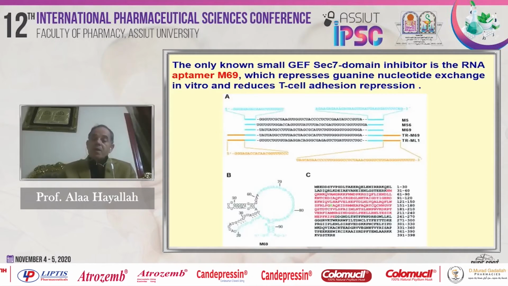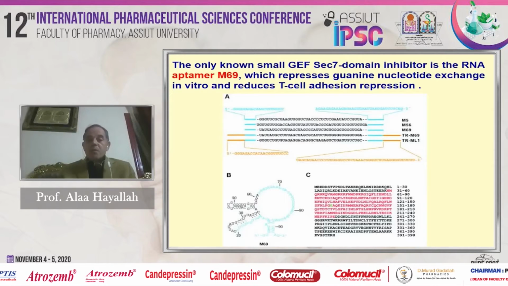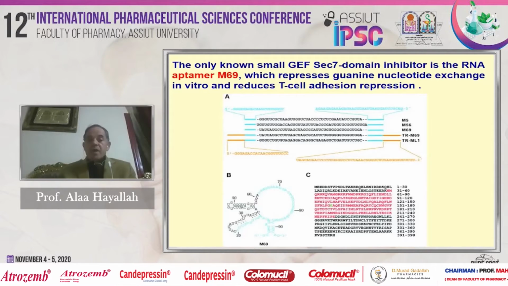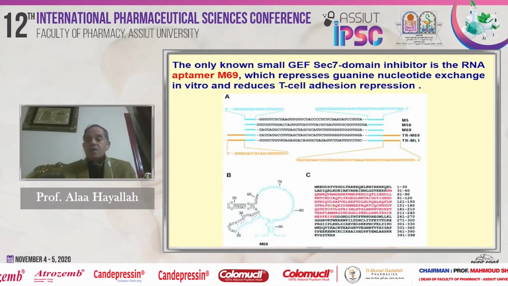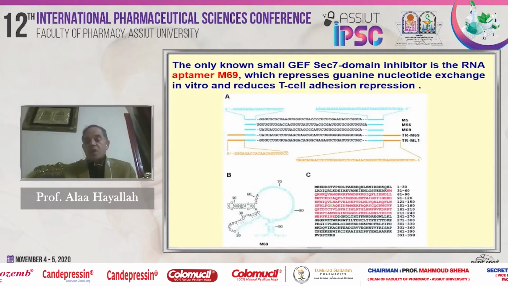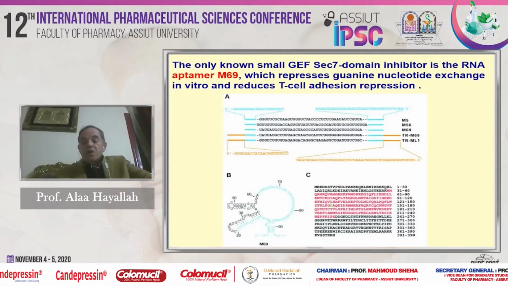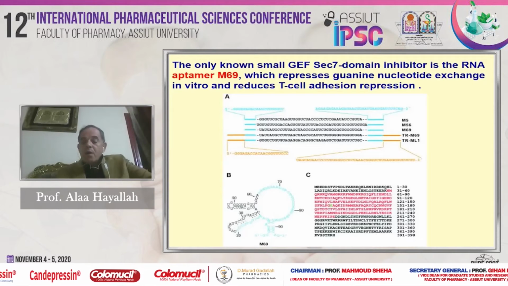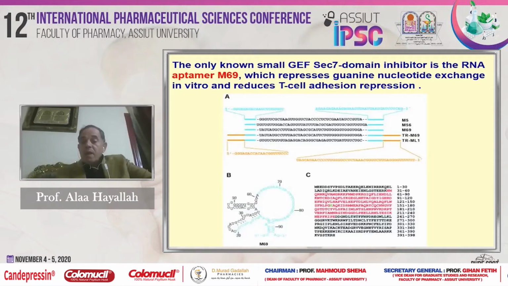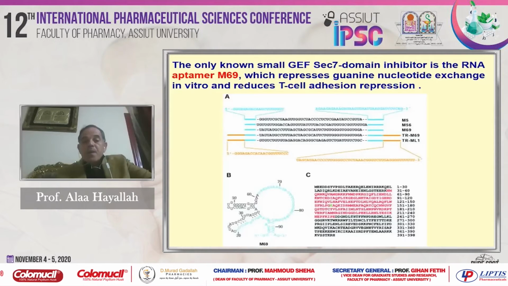But if you compare our compounds to the only reported aptamer, M69, which represses the guanine nucleotide exchange in vitro and reduces T-cell adhesion, you can see it is actually a huge, large compound. That's why we assigned our compounds as small molecule cytohesin inhibitors.